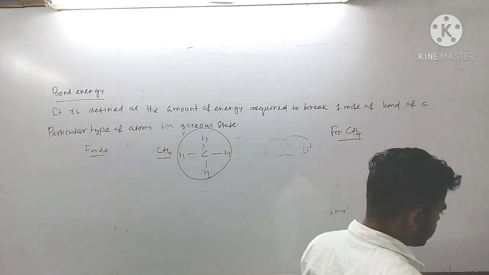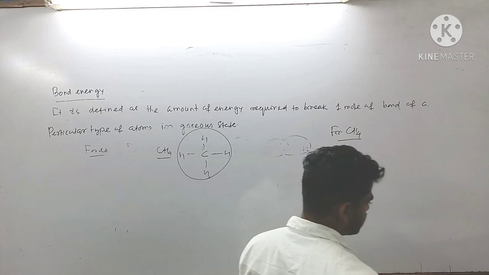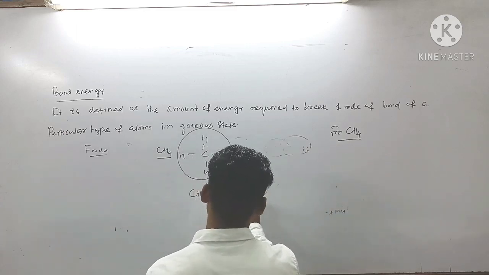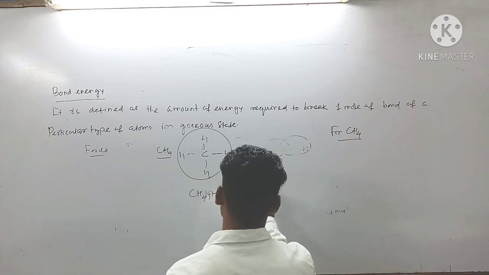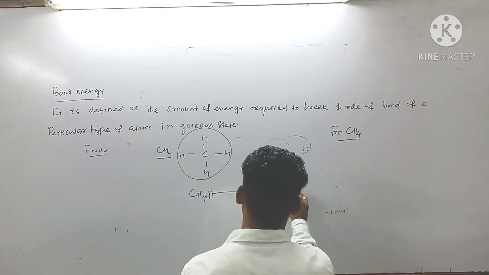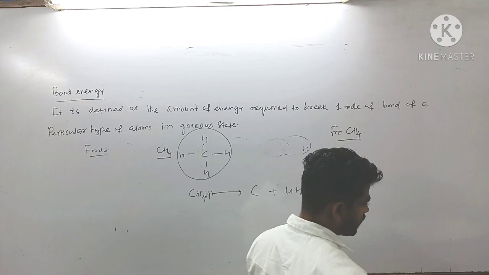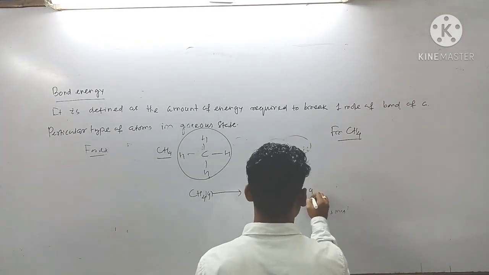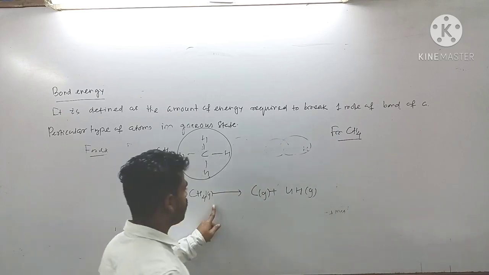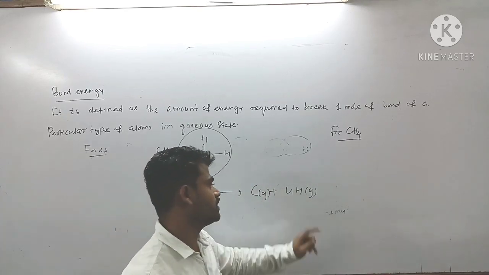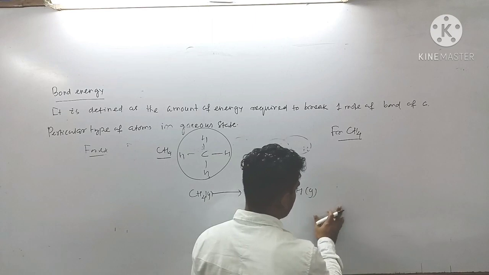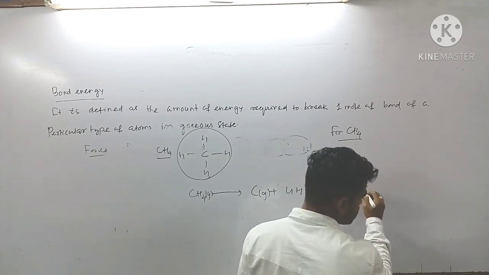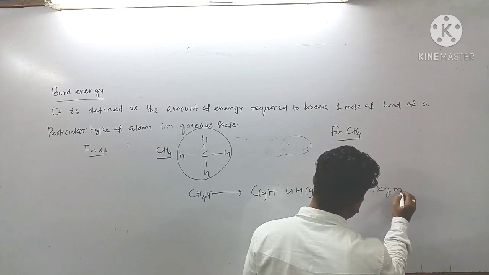Clear? So in case of methane, CH4 can break into C gas plus 4 H gas. It can be split like this, and all are in the form of gases, carbon gas, hydrogen also gas. And here the overall energy in this process is 1664 kilojoule per mole.